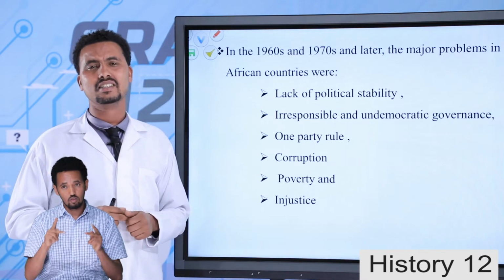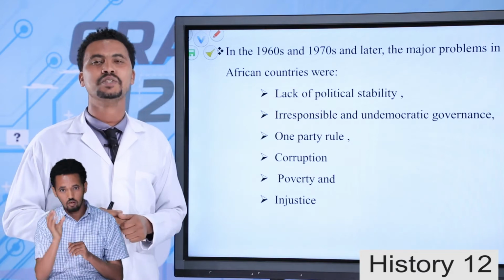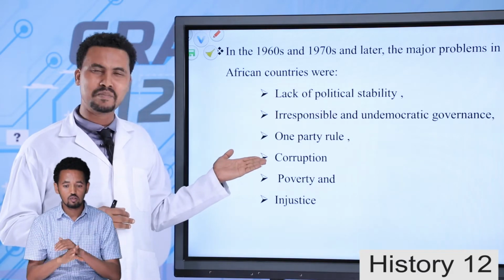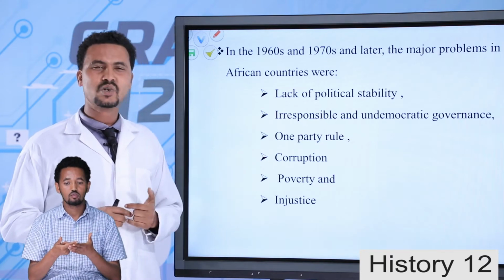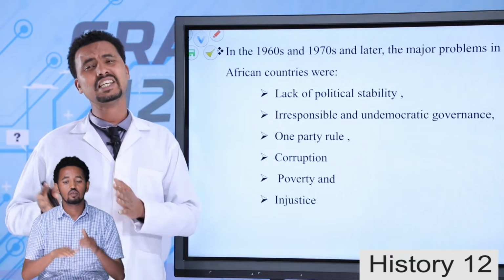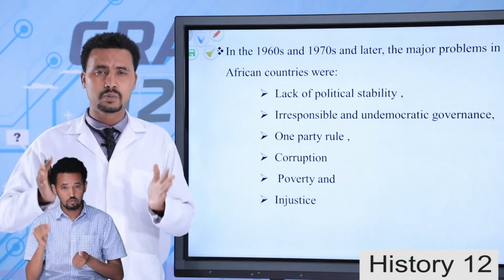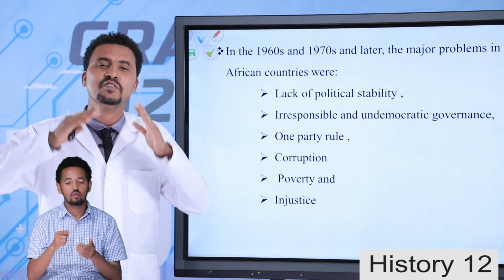The other problem of Africa was corruption. Corruption was a major problem of African countries. The other one, poverty. There are two types of poverty, relative poverty and absolute poverty. In Africa, absolute poverty happened in different states.